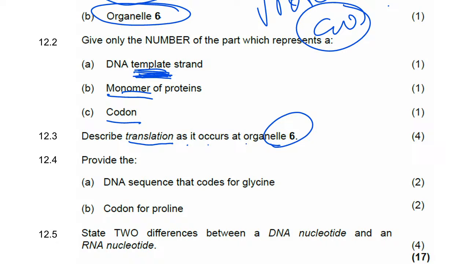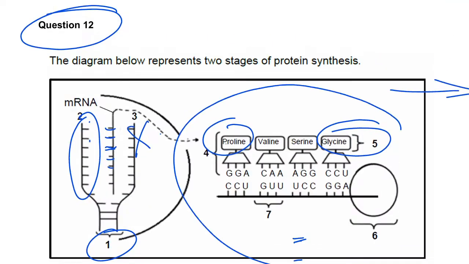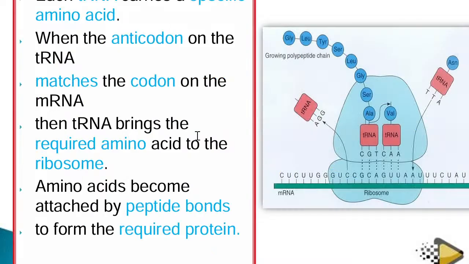They're just looking at the process of translation. According to the messenger RNA codons, the transfer RNA with the complementary anticodon brings the required amino acid to the ribosome. The amino acids are joined together by a peptide bond to form the required protein. So basically, you just explain what is here.